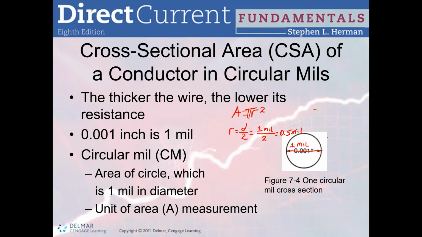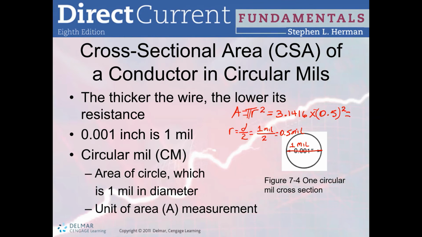Okay, so we have a 0.5 mil radius. So now we take our pi, which is going to be equal to 3.1416, and we multiply that by the radius squared.